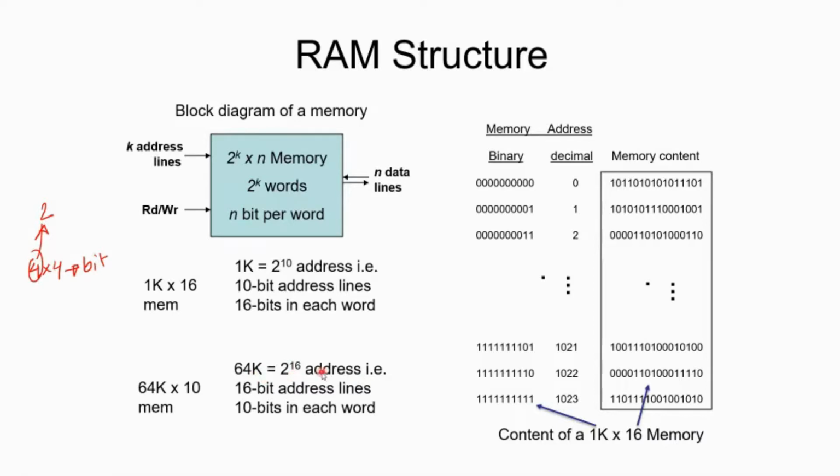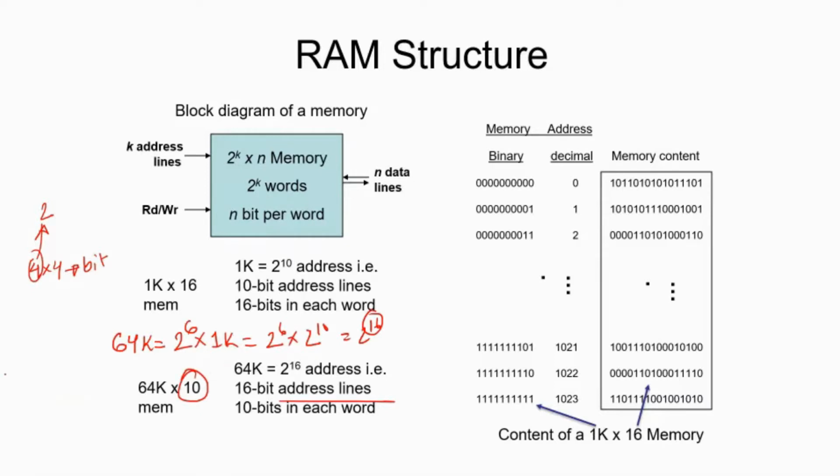Let me write it for you, those who don't understand. 64 is nothing but 2 to the power 6 and k is 1k, so 1k means 2 to the power 10. So it is 2 to the power 16. So this is the number of address lines and this 10 is the number of data bits. Okay, so this is 64k into 10.